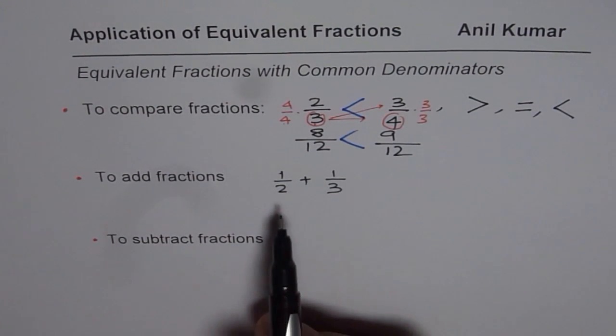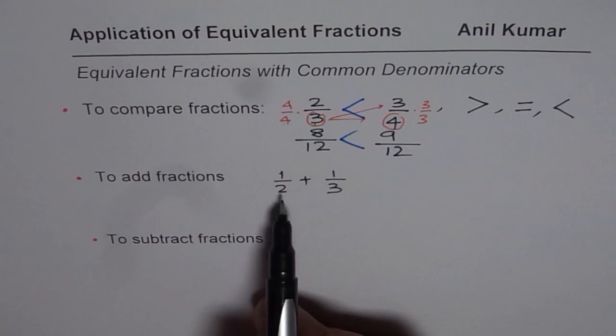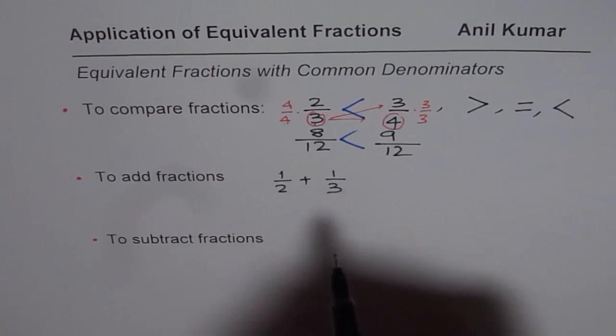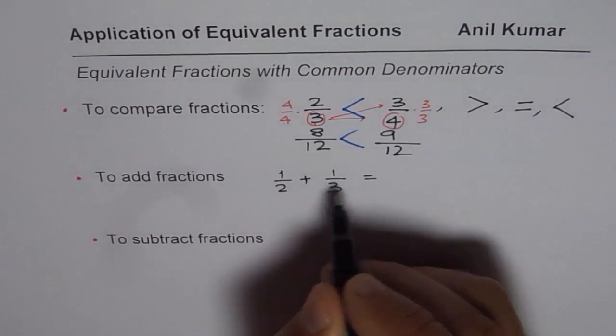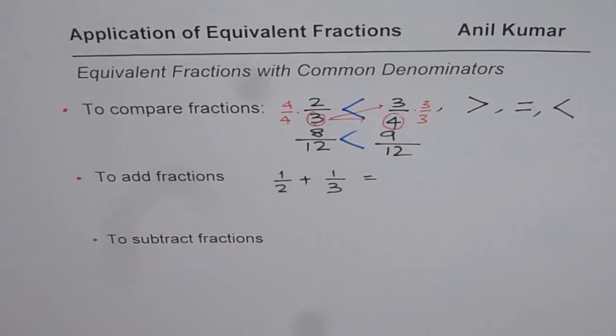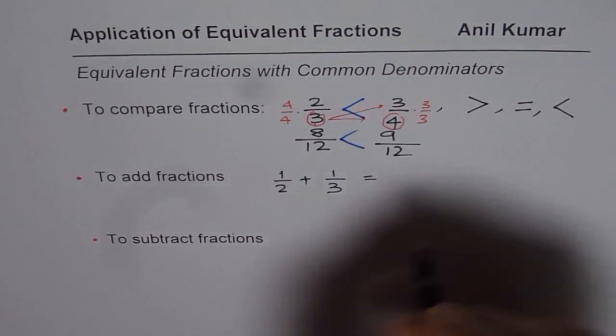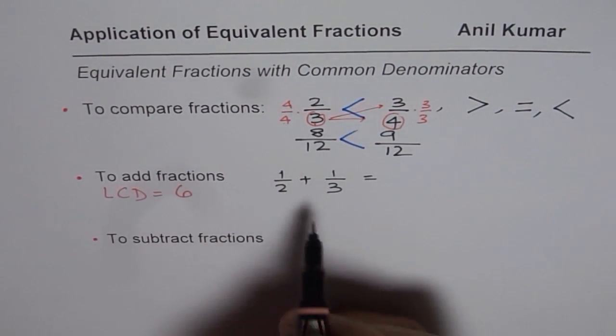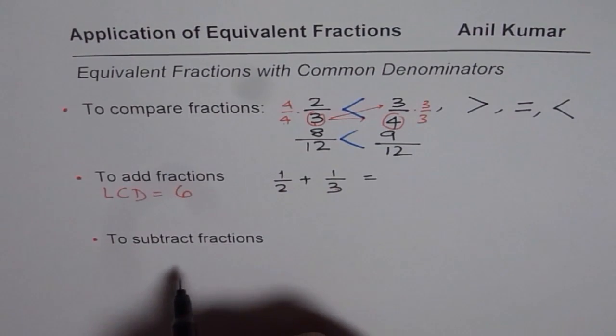How can I make the denominator the same? Well, their common multiple is 6. 2 times 3 is 6, 3 times 2 is 6. So what I will do here is write these fractions as equivalent fractions with common denominator. We found that the lowest common denominator here is equal to 6. So we'll try to make both of them 6.